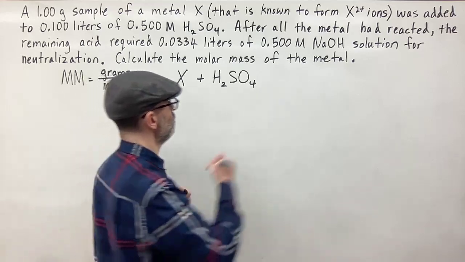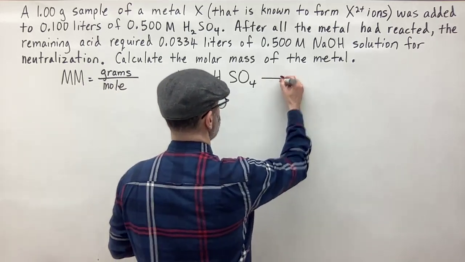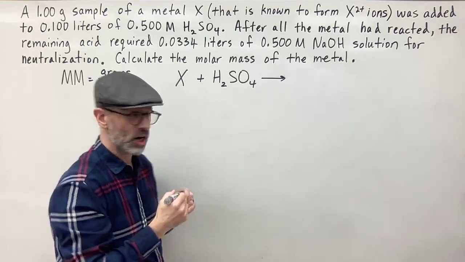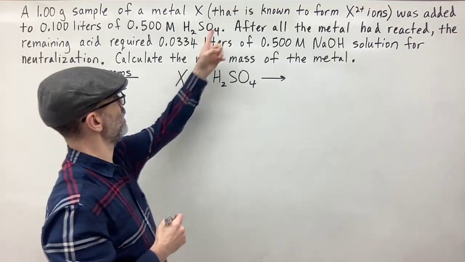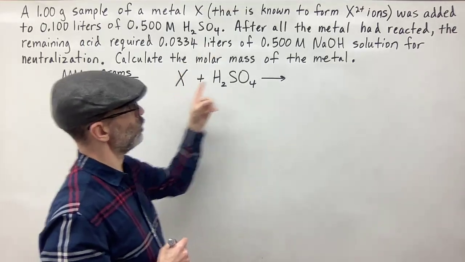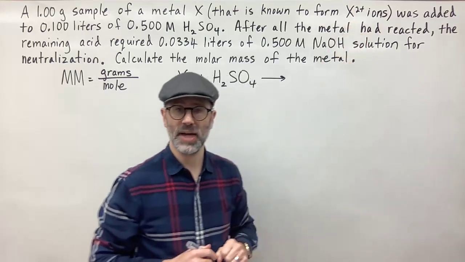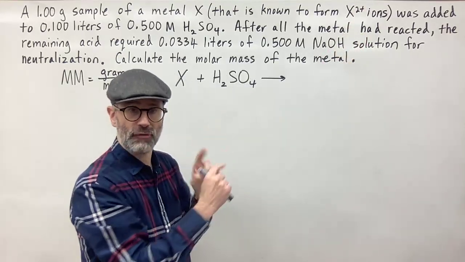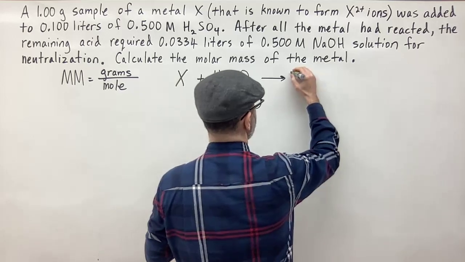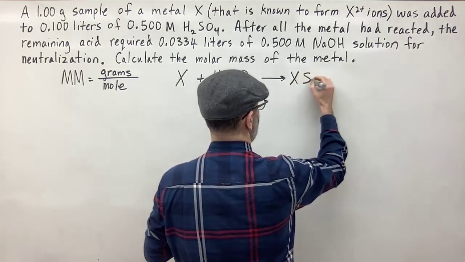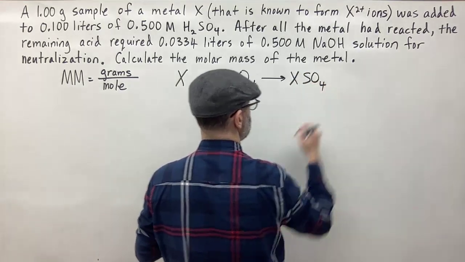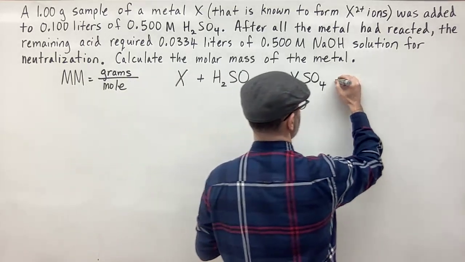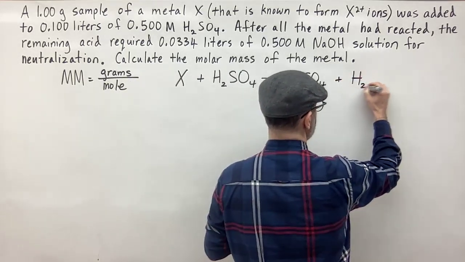The sulfate ion has a 2- charge. We're told that X, our metal, forms 2+ ions, so that's going to be a 1-to-1 ratio in our formula. This is going to be XSO4. And then we have our hydrogen, so we're going to have hydrogen gas left over.